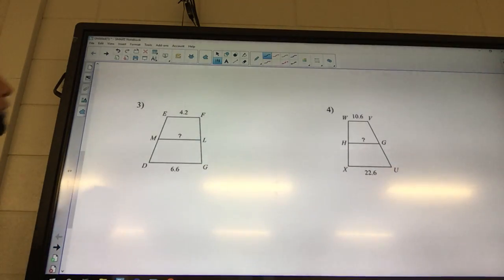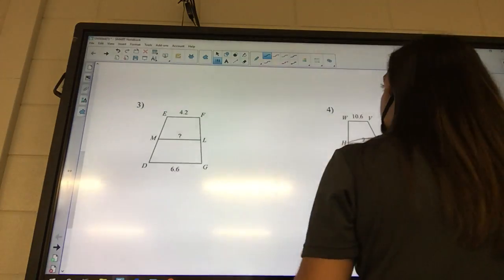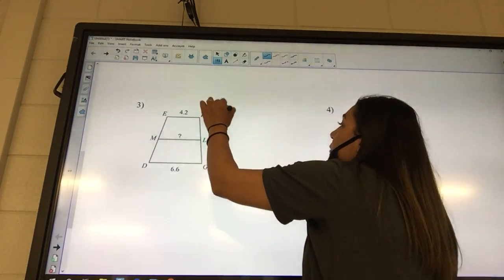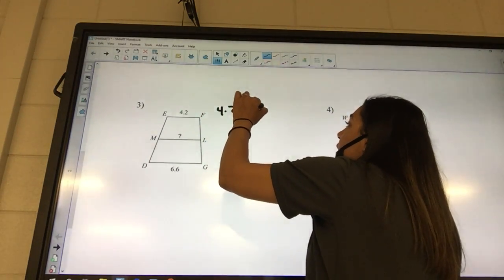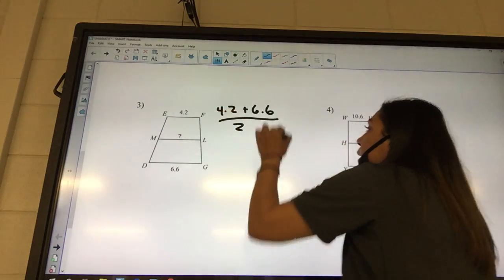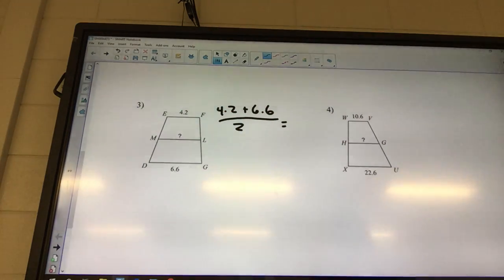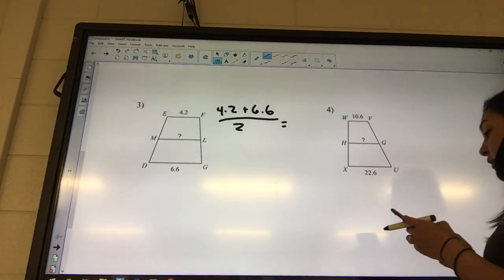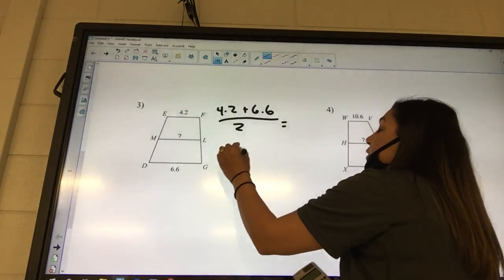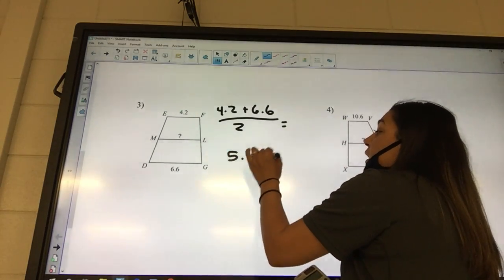Yeah, okay, so on this one we got our top plus our bottom divided by 2. On our top I got 4.2 plus 6.6 for the bottom, that's 10.8 divided by 2. Of course, I've got my calculator. So it's 5.4. That's our middle.